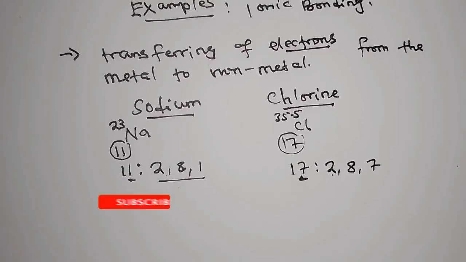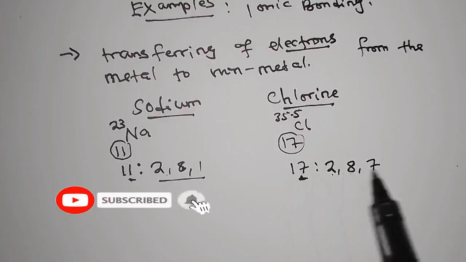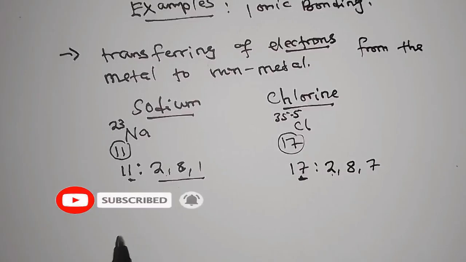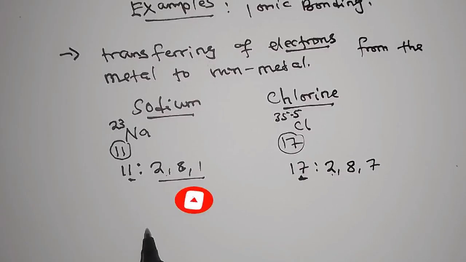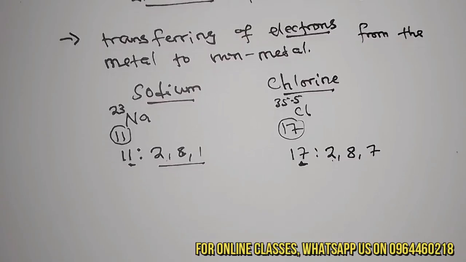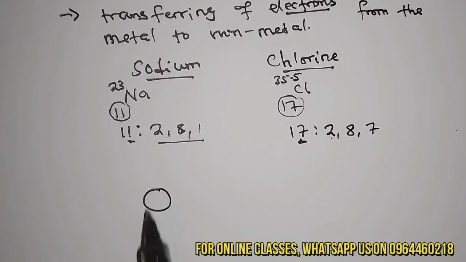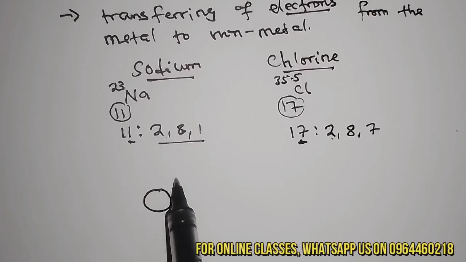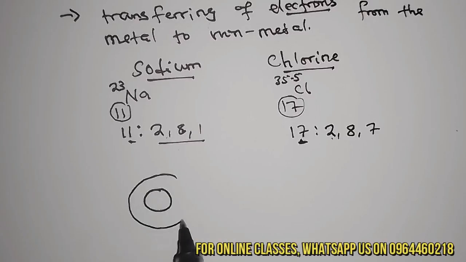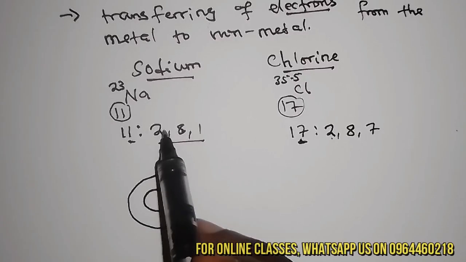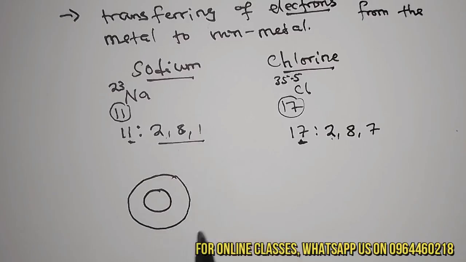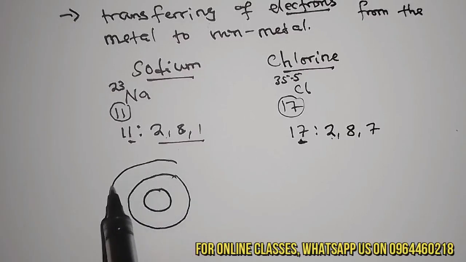Okay, I'm just going to show you before and after they have combined. Before they combine, all you need to do is draw what we call the shells, depending on the number of these configurations. We have 3 shells for sodium.